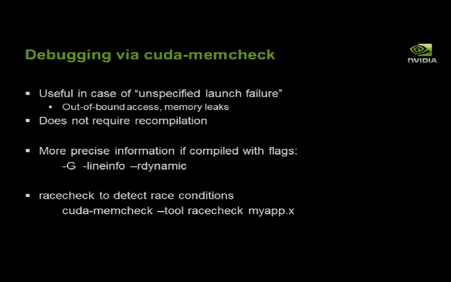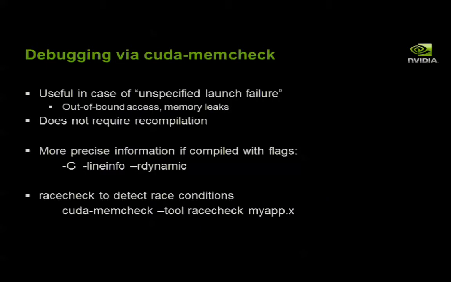The other one is the line info that gives you some information about what line in your source the problem occurred. And the -rdynamic that gives you more information about which functions were called. So if you want to get a full backtrace or a full stack trace of the call sequence when exactly something happened, -rdynamic will give you that information.